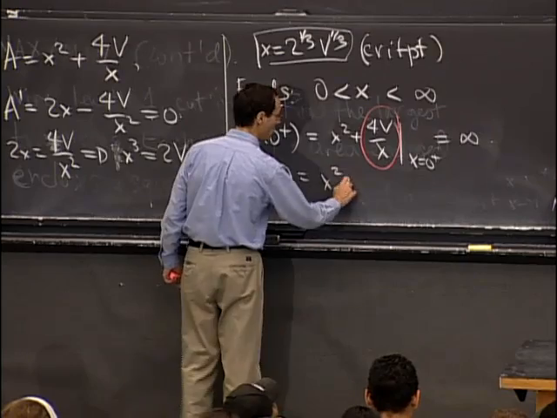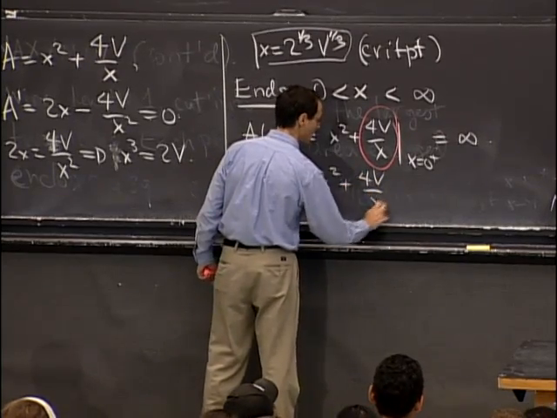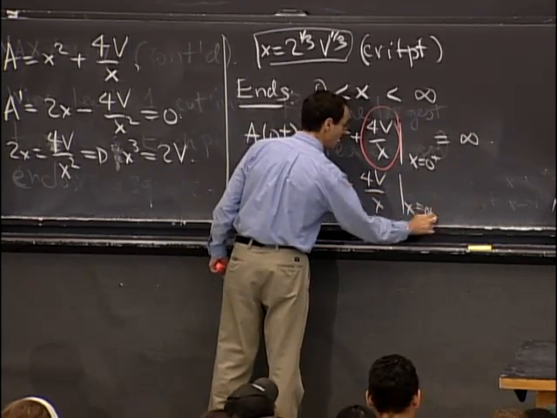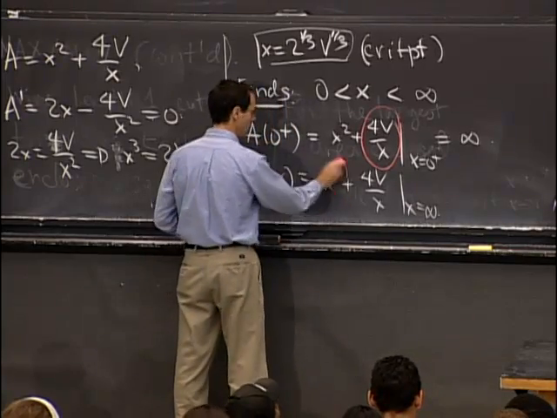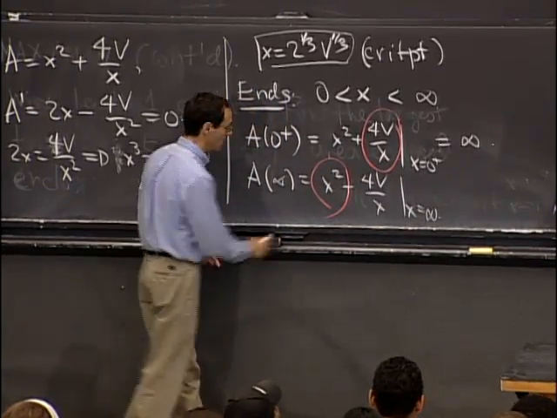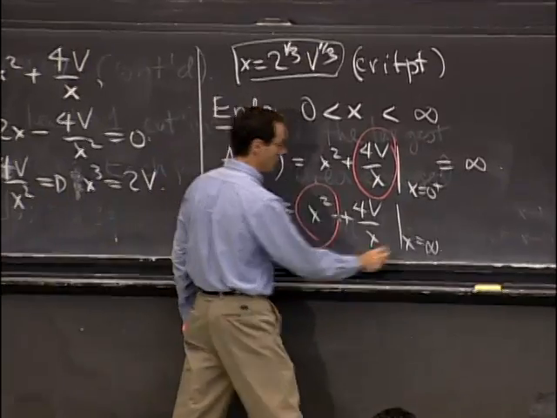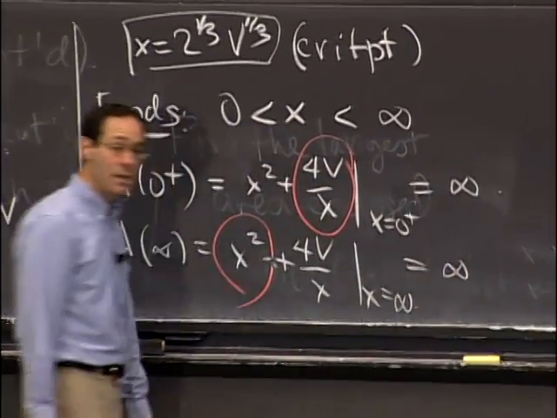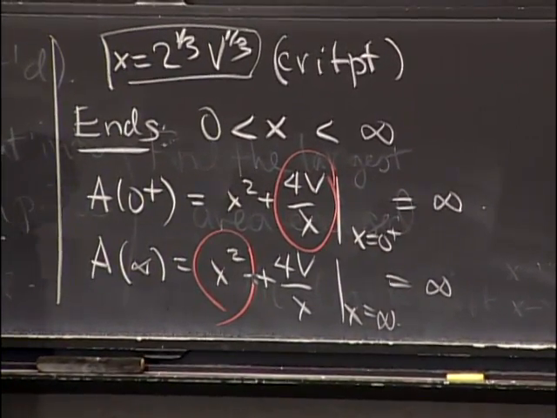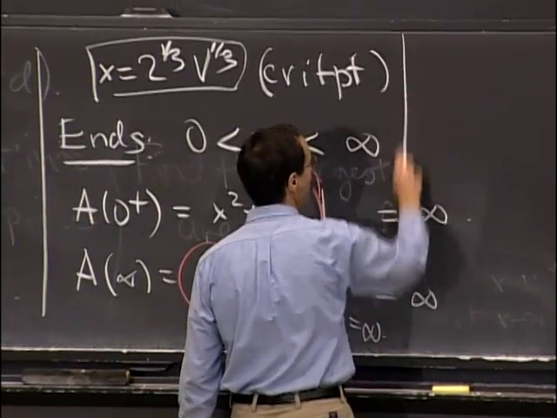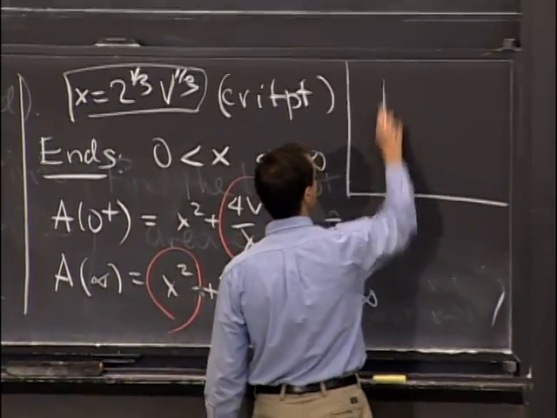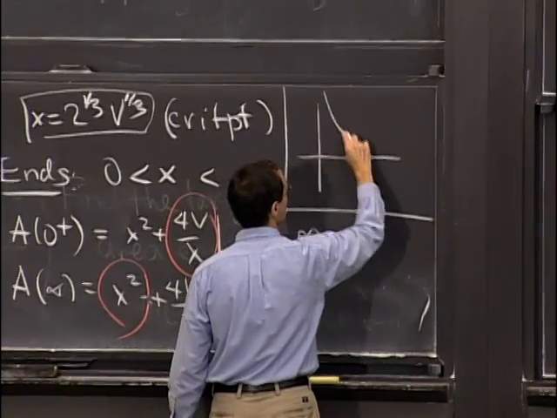So this is x squared plus 4v over x, x going to infinity. And again, this term here means that this thing is infinite. So the shape of this thing, I'll draw this tiny little schematic diagram over here. The shape of this thing is like this.